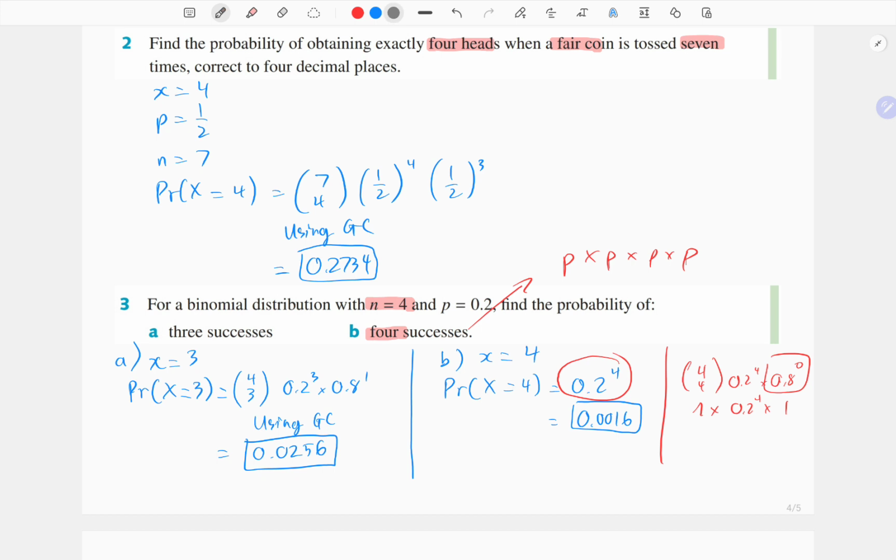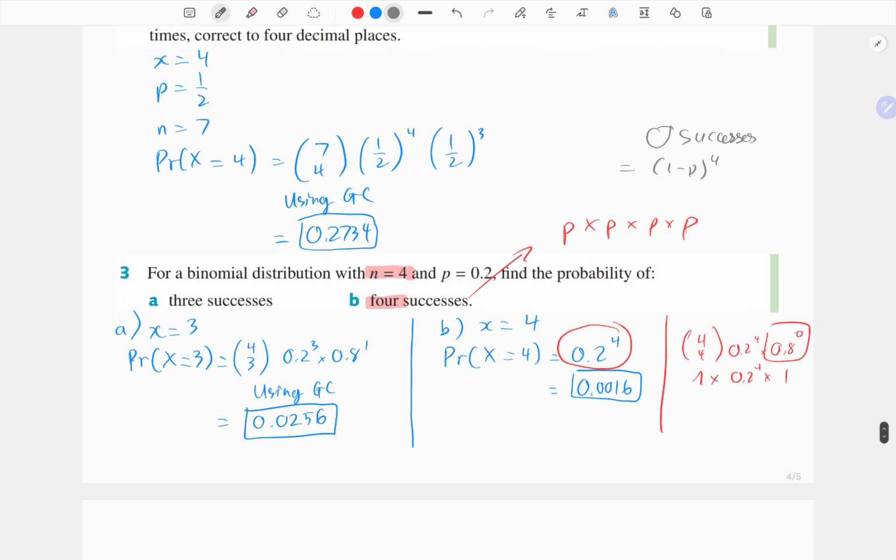Similarly, if you have a scenario with 0 successes, 0 successes would be just failure times failure times failure 4 times. Does that make sense? There's only one way, right? You either fail 4 times or you succeed 4 times, that's it. There's no way to rearrange like that. Remember the ticks before, you can't rearrange the ticks, right? There's all 4 ticks, or all 4 crosses. There's no way to rearrange them. There's only one scenario. Okay?